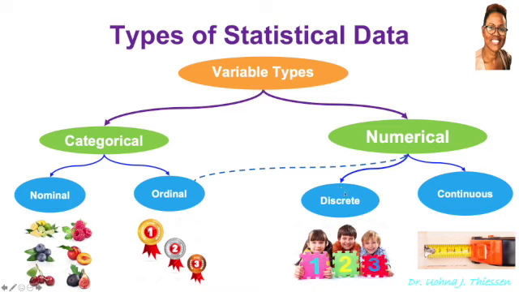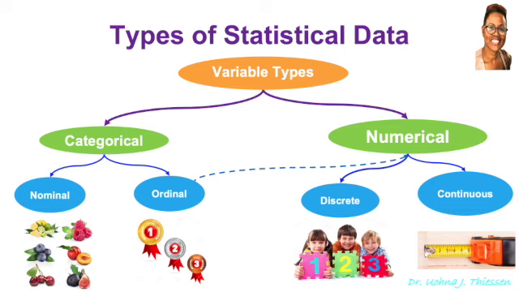The discrete variables are the ones where you use whole numbers only, right? So the number of children that you have, the number of cars that you own, anything that can only be described using whole numbers, those would be considered discrete variables.